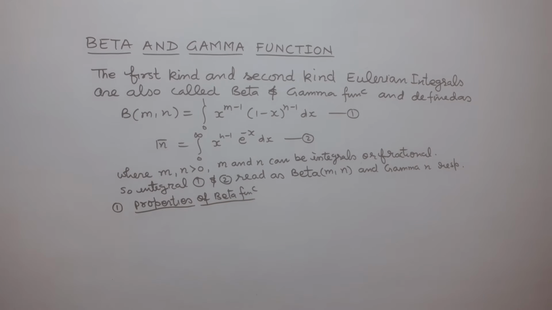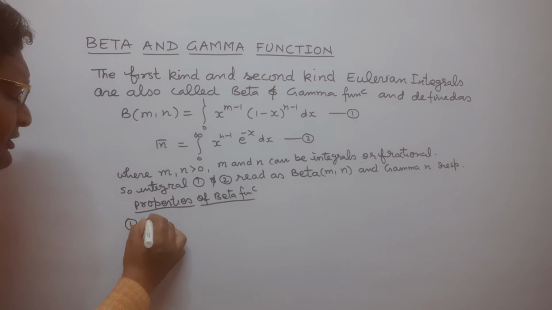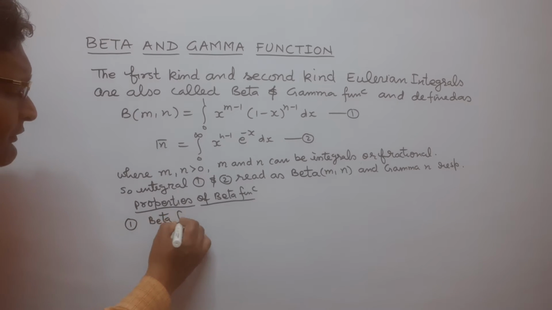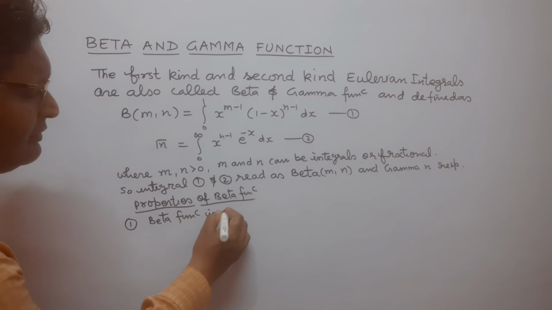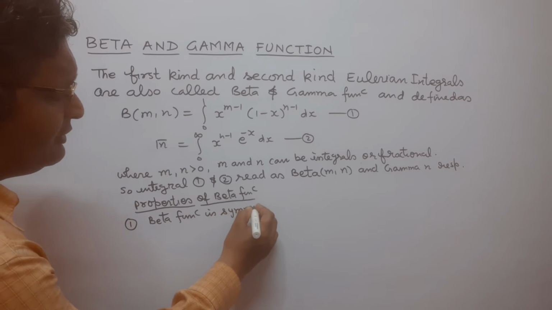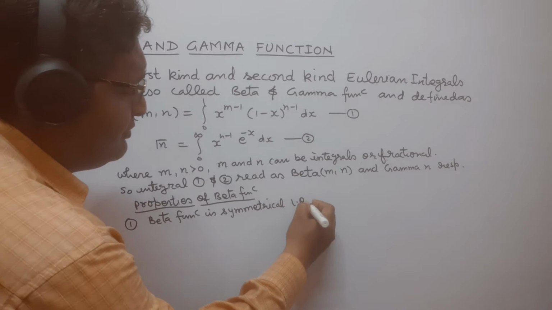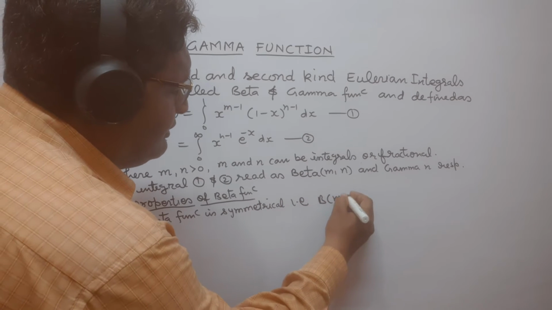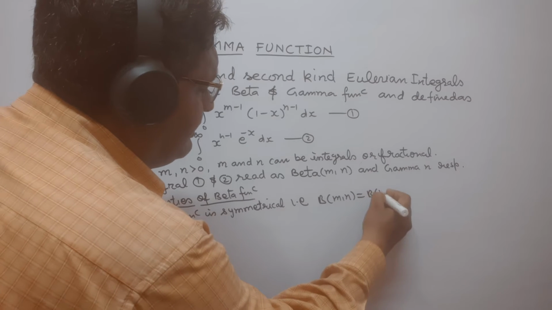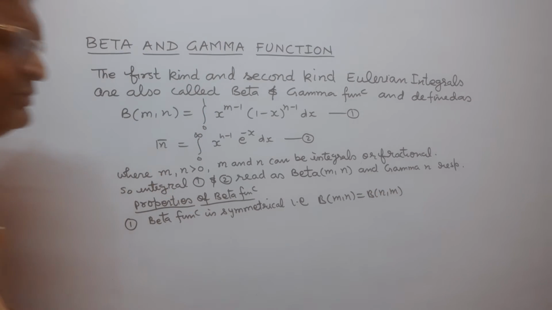The first property of beta function is that the beta function is symmetrical. That is, beta m, n is equal to beta n, m. This property of beta function is called the symmetrical property of beta function.